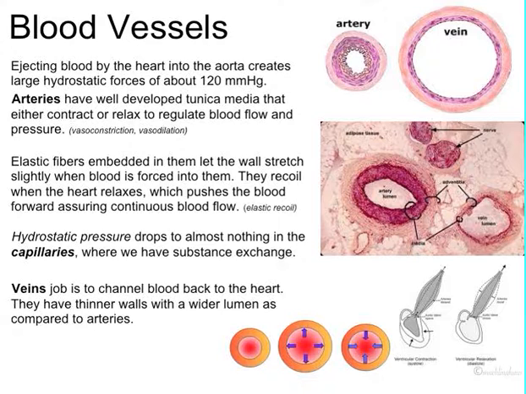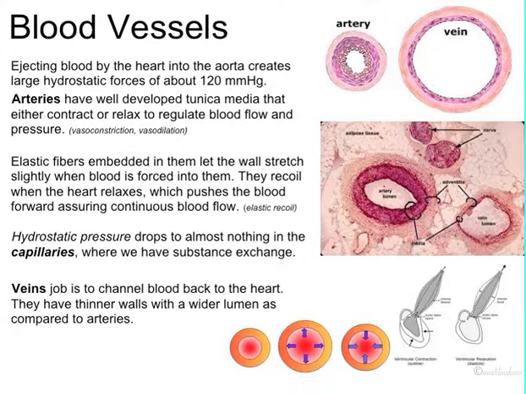So the heart beats 60 plus, 70 plus times per minute, and each time it contracts, that force makes those vessels go wider, and when the heart relaxes, those recoil, and that recoil in the aortic arch will push the blood forward and smooth out that forceful contraction that happens 70 times per minute or so. That recoil of those elastic fibers is called the elastic recoil.